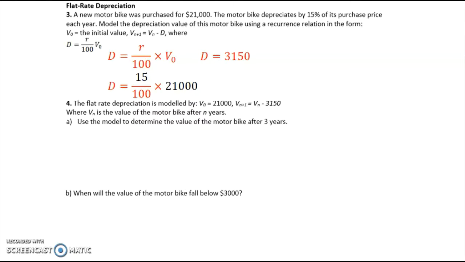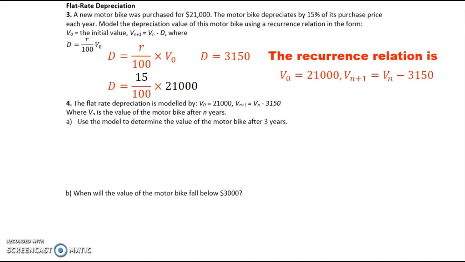We work that out, we end up getting 3,150. Now we can put it in the recurrence relation. So the recurrence relation is, the initial value is $21,000, and now we have Vn+1 equals Vn - 3,150. So we're ready to go.